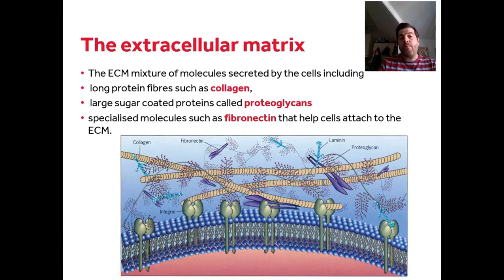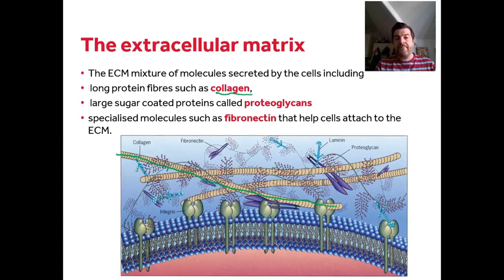Now, probably the most common form of protein in the body are the long protein fibers called collagen. And you can see, I will just draw through one of the collagen fibers here. They're, if you like, the scaffolding, the major protein component of most extracellular matrix.